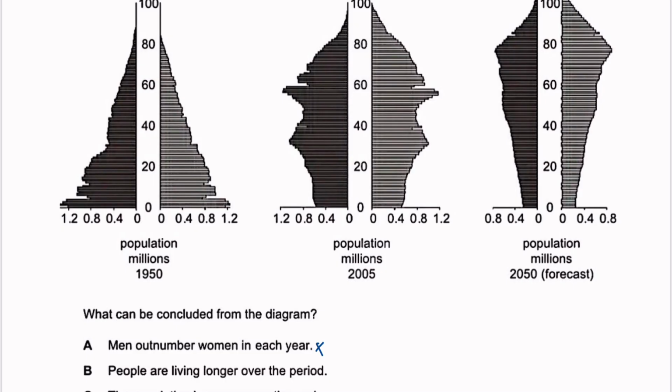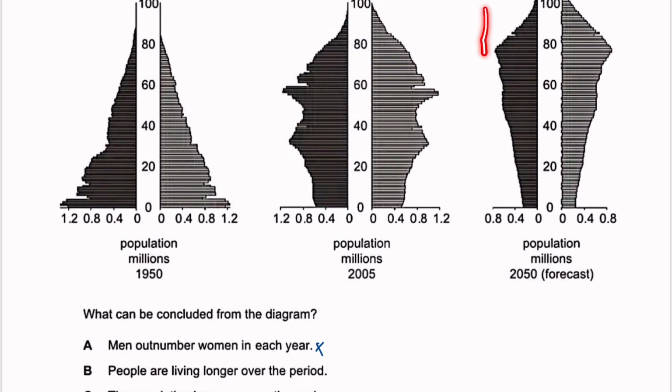B, people are living longer over the period. So let's see, because this is the age, right? You can see that in 1950, people living at 80 and above, and then 2005 actually increases.